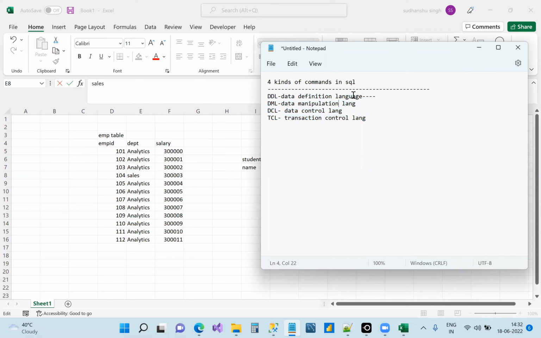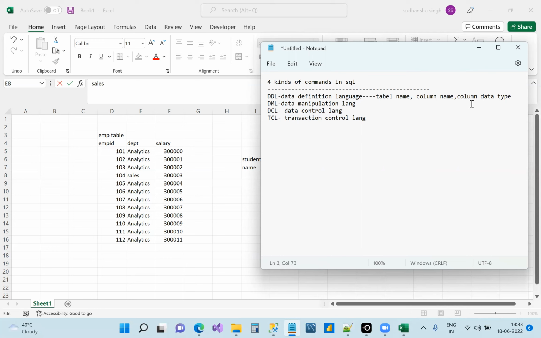Okay, data manipulation, did you get? Data definition, did you get? Anything related to the structure of the table is called data definition. What do I mean by structure? It means table name, column name, column data type. These are related to structure, isn't it?